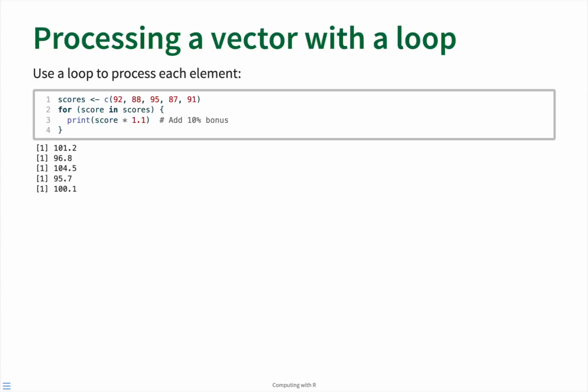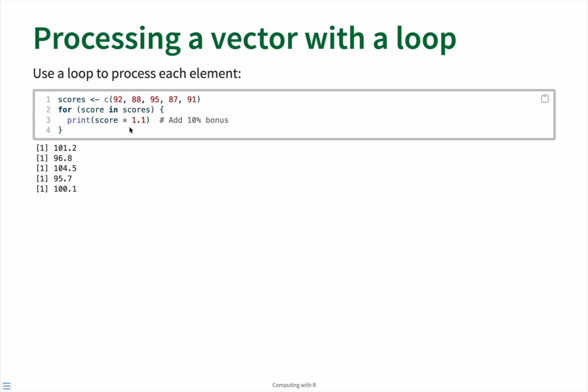So here's a more complicated example where we're iterating over this vector of scores. We have the same syntax. We say for score in scores, right? So we're going to iterate over the 5 numbers in the scores vector, and in each iteration of the loop, we're going to assign that value from scores to this variable in the loop called score.